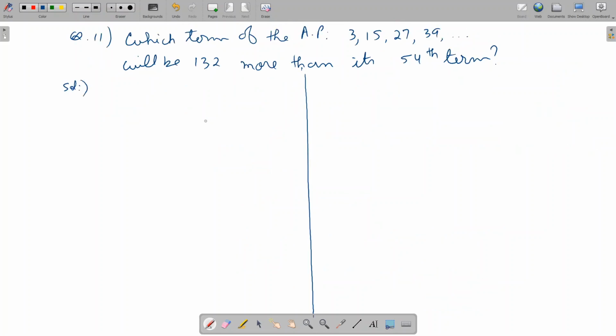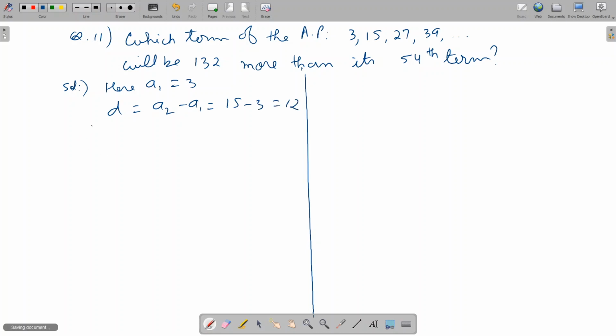Question number 11. Which term of the AP 3, 15, 27, 39, and so on will be 132 more than its 54th term? Here A1, the first term, is 3. D equal to A2 minus A1, that is 15 minus 3, equal to 12.